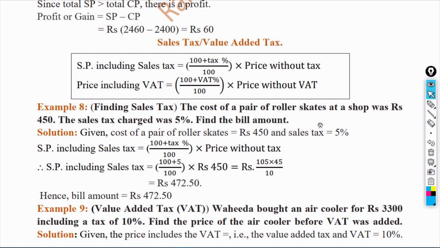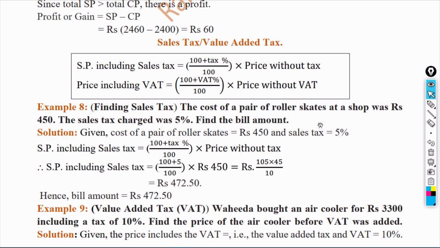Now it is very simple: the gain or profit, 100 plus tax percent by 100, into the price without tax.